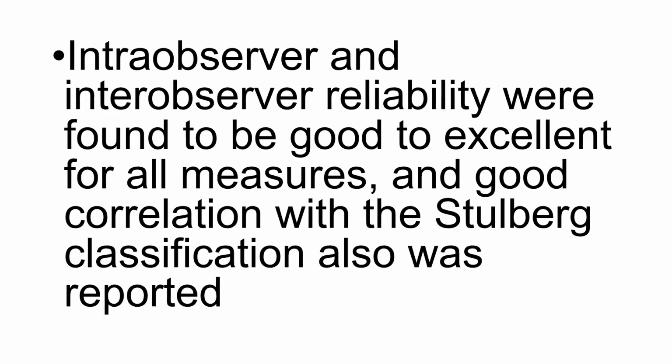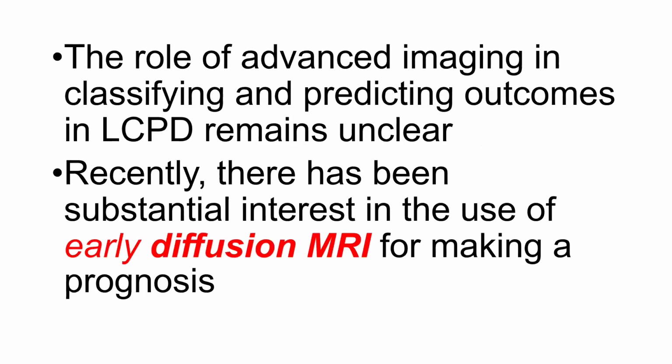Intra-observer and inter-observer reliability were found to be good to excellent for all measures, and good correlation with the Stulberg classification also was reported. The role of advanced imaging in classifying and predicting outcomes in Legg-Calve-Perthes disease remains unclear.